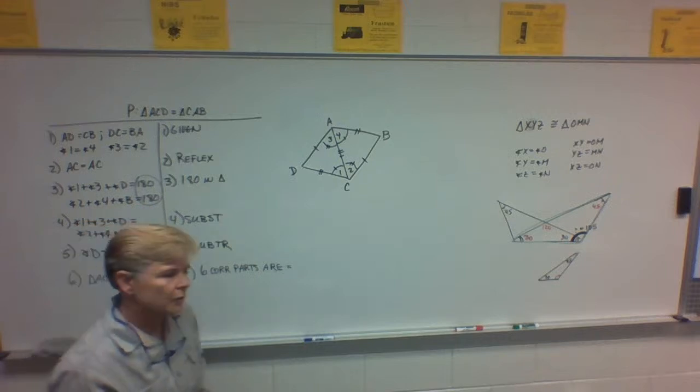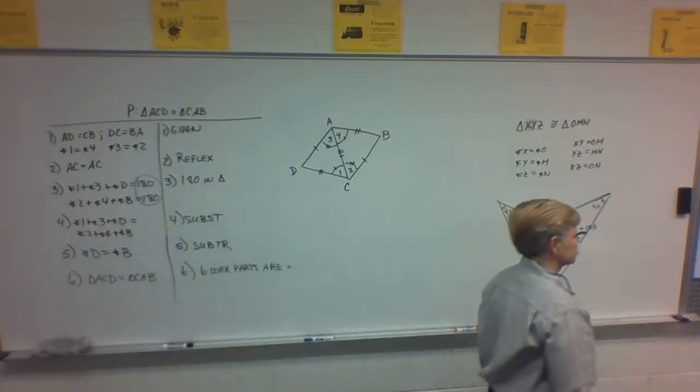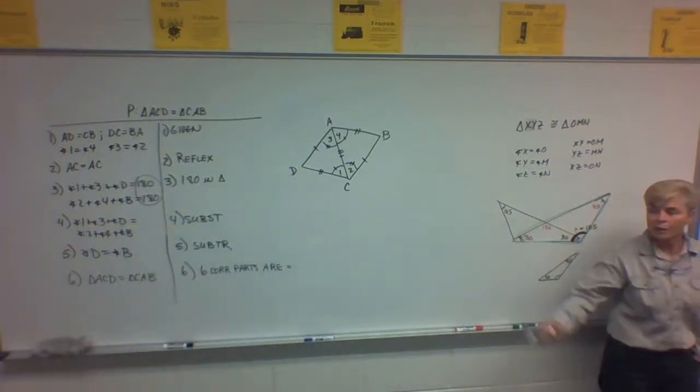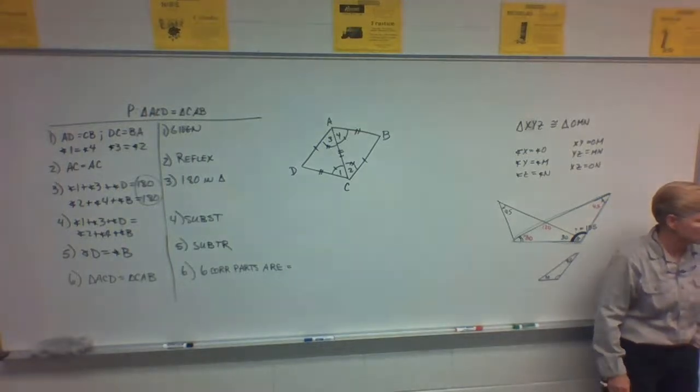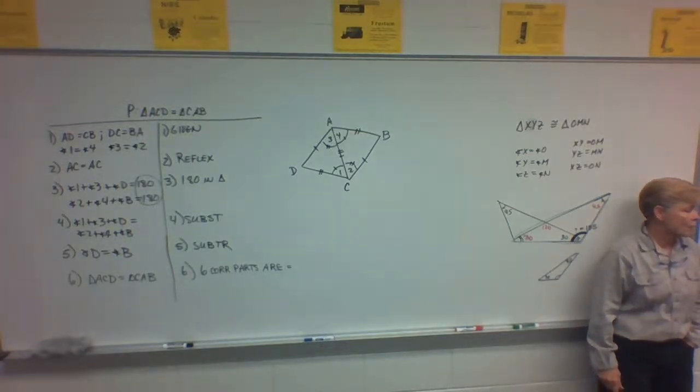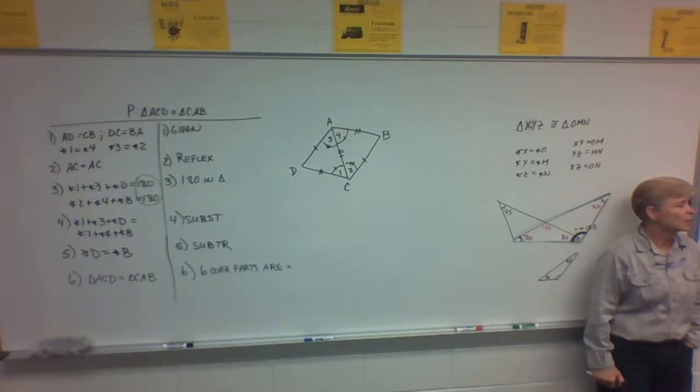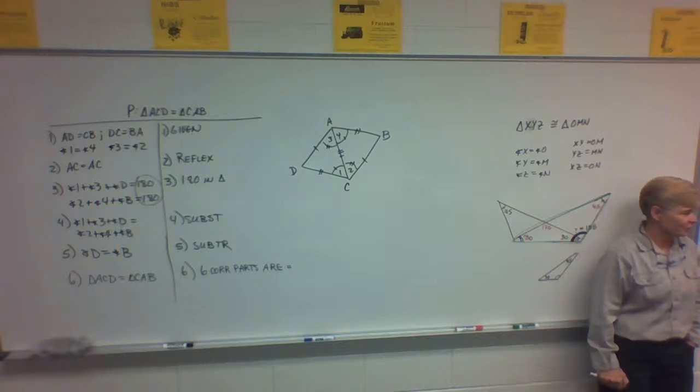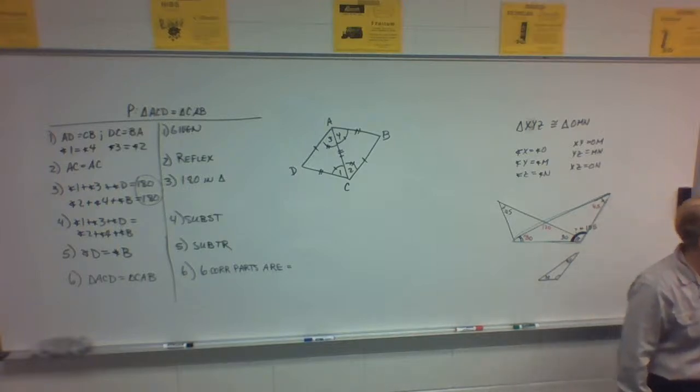That makes the triangles equal if you can get all 6 corresponding parts to be equal. If it's a quadrilateral, you say 8 corresponding parts are equal. If they're decagons, you will say 20 corresponding parts are equal. That won't happen to you, but that's what you would say.